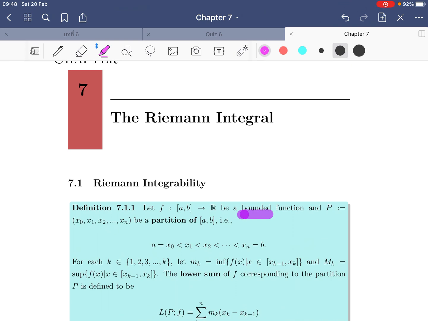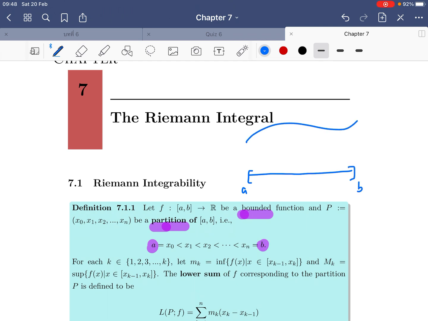And then we are going to do a partition of this closed interval [a,b]. By partition, it means that you are going to subdivide this interval from a to b into n subintervals. As you may remember, let's say this is a and b, this is your curve.